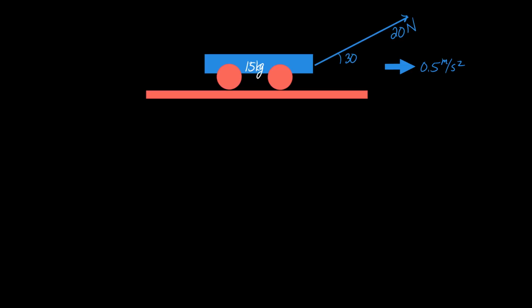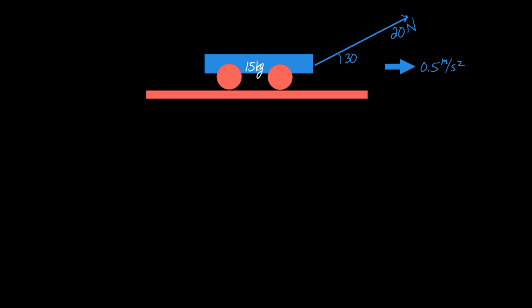All right. A kid pulls on a wagon, applying 20 newtons of force at an angle of 30 degrees to a 15 kilogram wagon. The wagon accelerates to the right at half a meter per second squared. Can you figure out how much resistive force must be acting on the wagon?